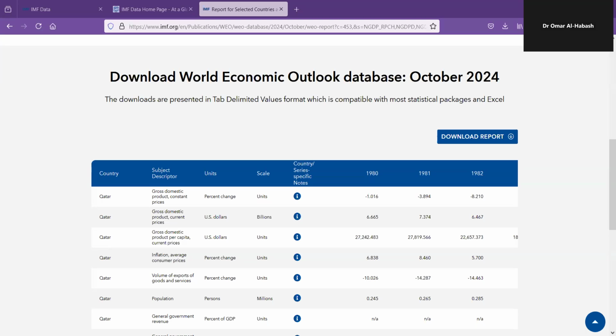As I said, looking at this data, even 2024, these are estimate figures.